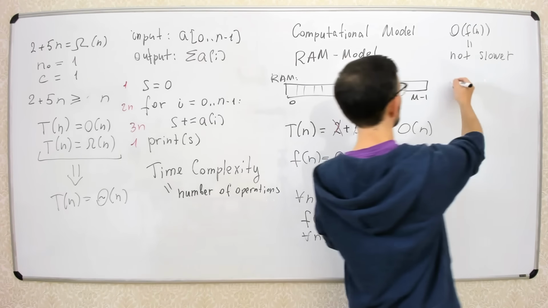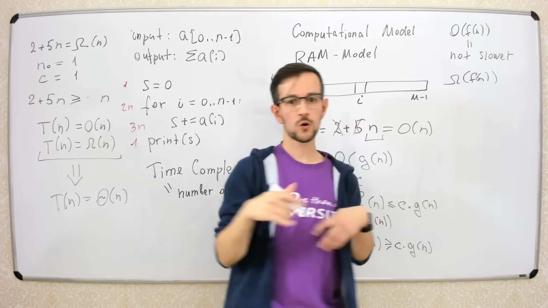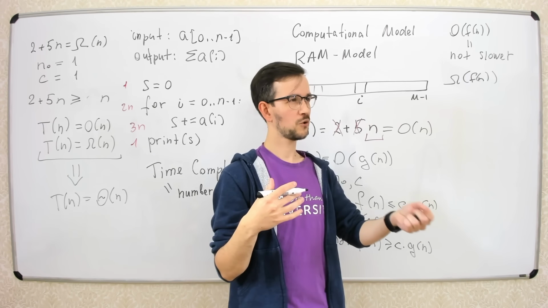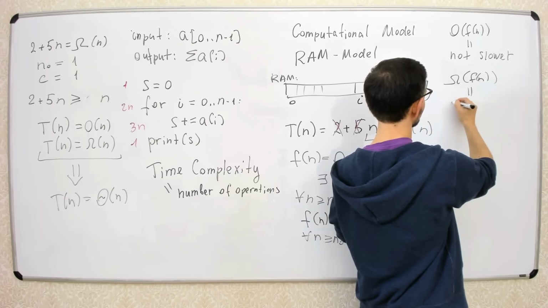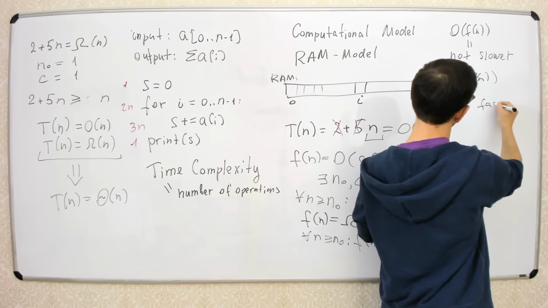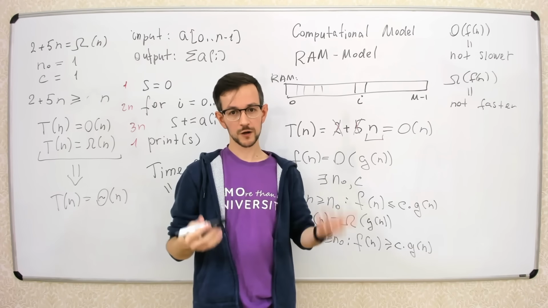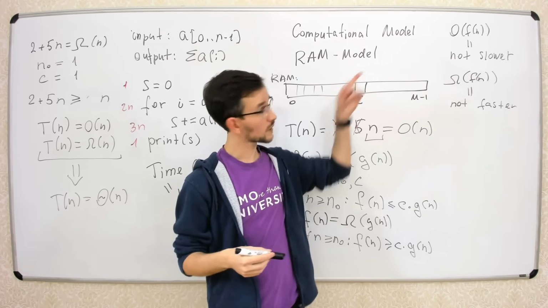When you prove the lower bound, you show that your algorithm is not fast enough. So it's slow enough. And usually when you design an algorithm, you want to prove your algorithm is good. So to prove your algorithm is good, you need only the upper bound.